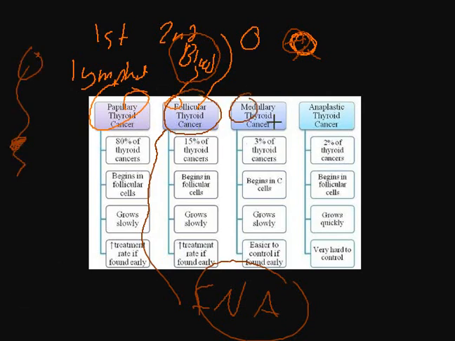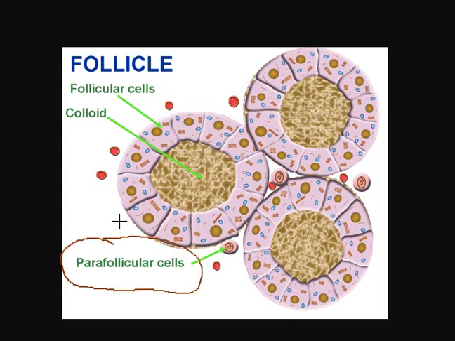The P is for the papillary cancer. The F is for the follicular type. The M is for the medullary, and the A is for the anaplastic, and we have the final type, which is the lymphoma.